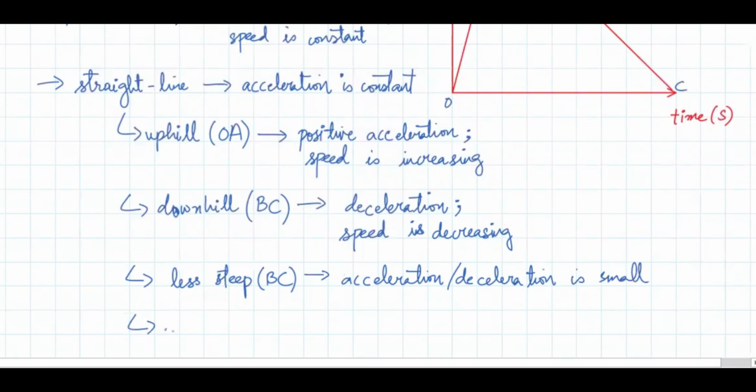And if you have a more steep line, like the line OA, then the acceleration or deceleration, whatever it is, is going to be large.